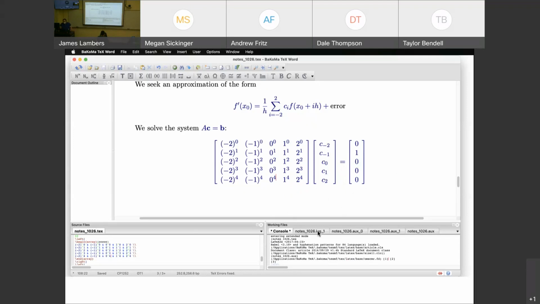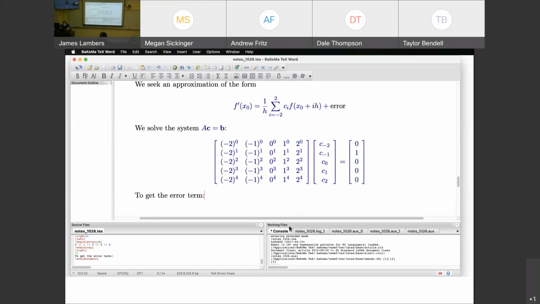What will happen is, this comes from terms in the Taylor expansion up to order h to the 4th, and involving the 4th derivative of f.